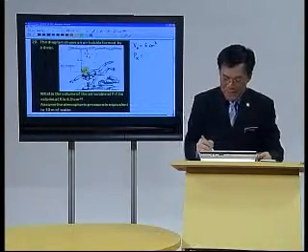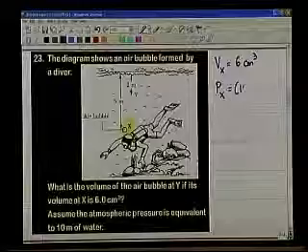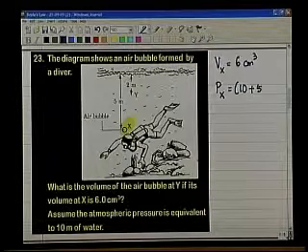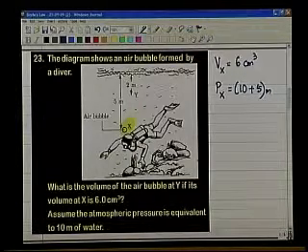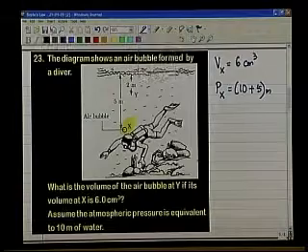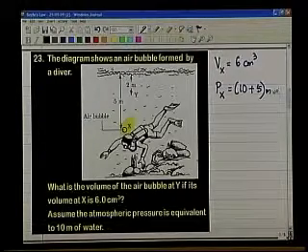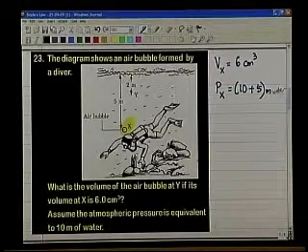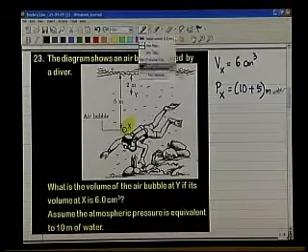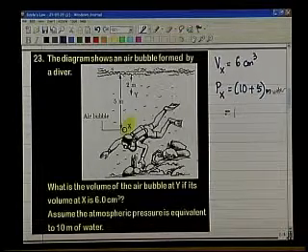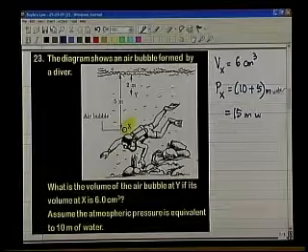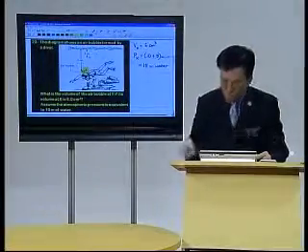So what is Px? It is 10 plus 5 meters of water. Okay, not enough space. Get it? So I write it again. Total is 15 meters of water.